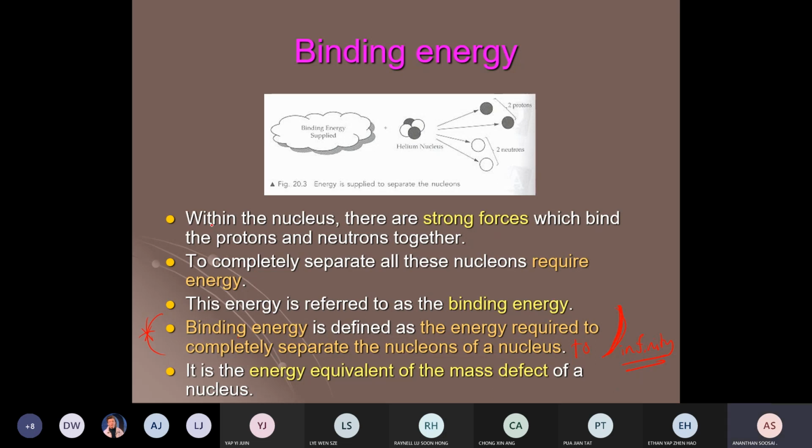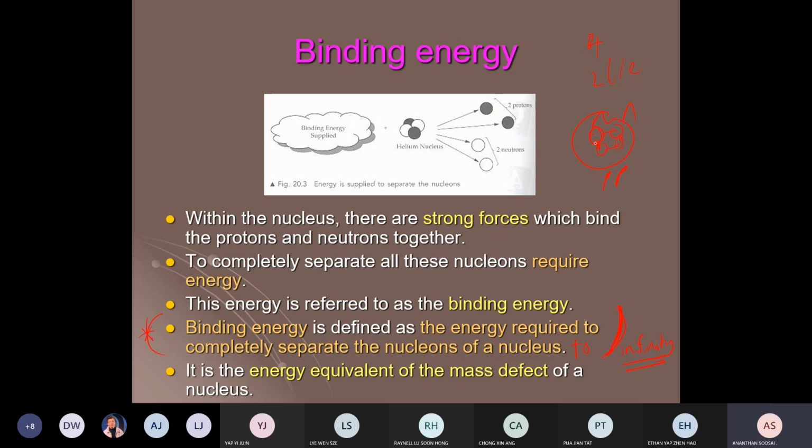Before that, see the first point. Within the nucleus, there are strong forces which bind the proton and neutron. In the nucleus, the protons and neutrons are held together by the strong nuclear force. If you want to separate them, like helium, which has two protons and two neutrons, you need to overcome the very strong force between them.